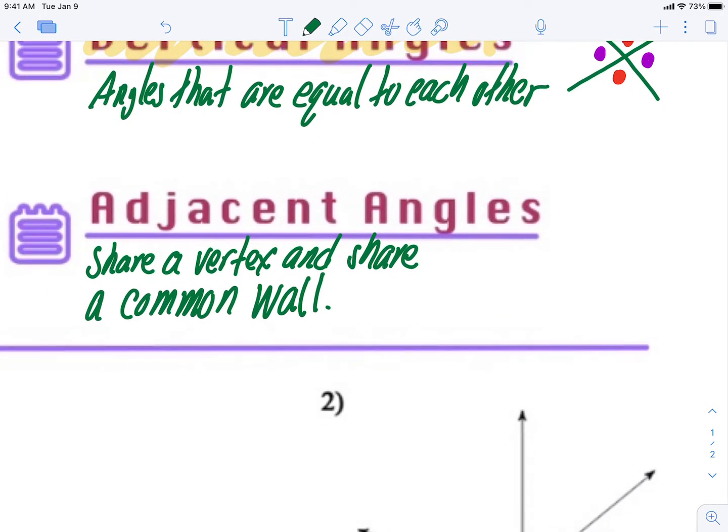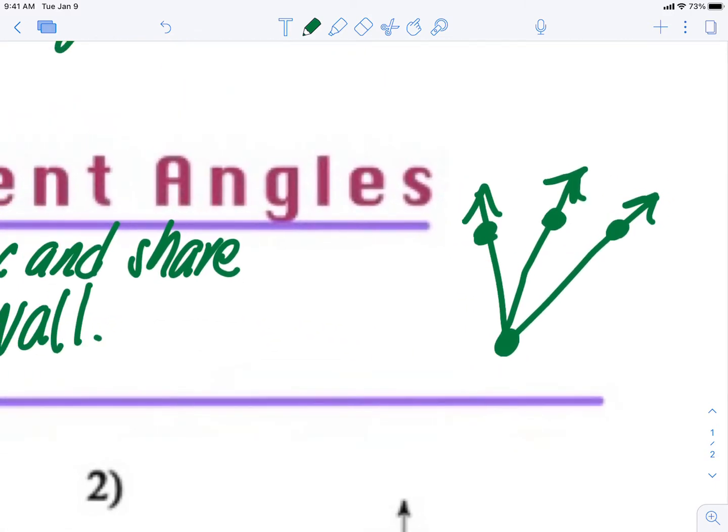For example, let's say we have this angle here, and we have a line that goes down the middle. Here's the vertex and here's the common wall.